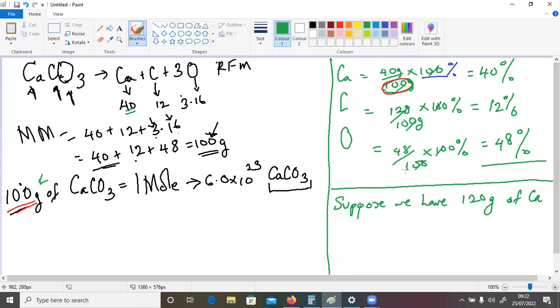If we have 120 grams of calcium, how much oxygen in mass and carbon in mass do we require for complete reaction?